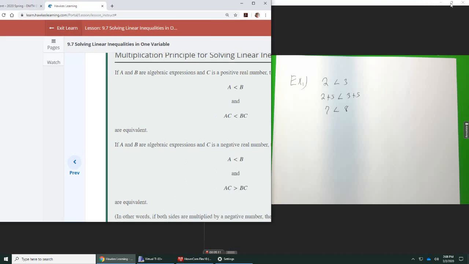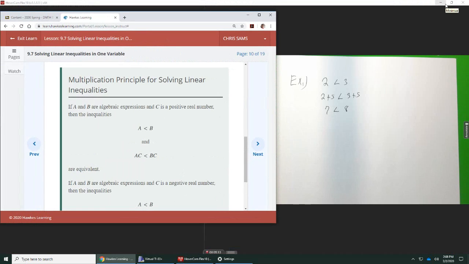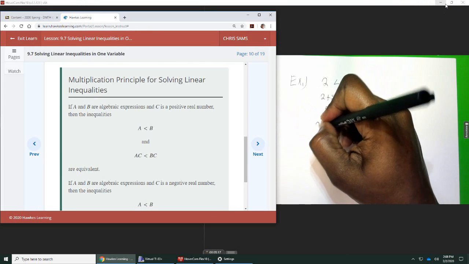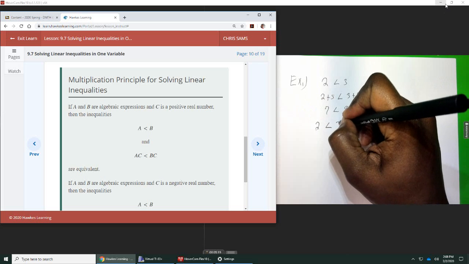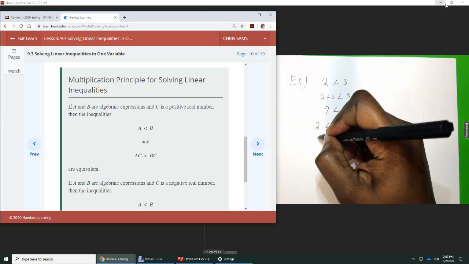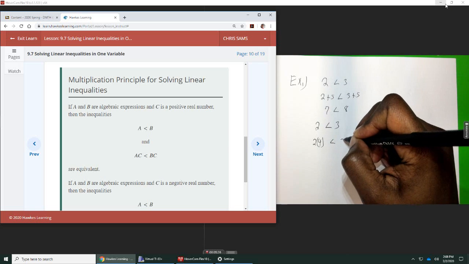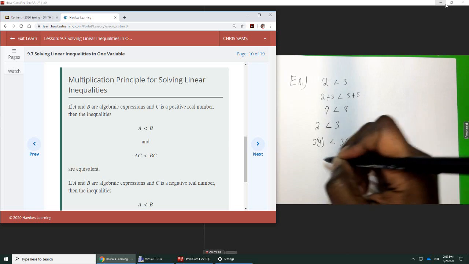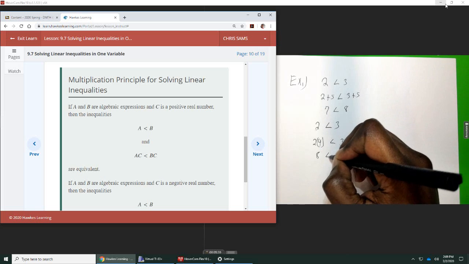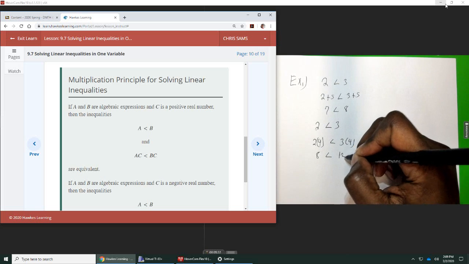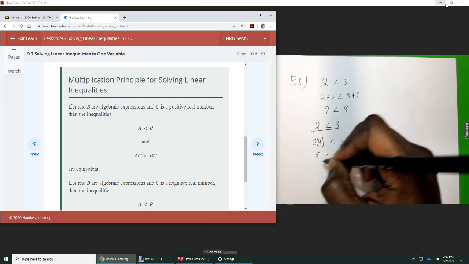When you multiply by negative, it gets reversed to the other direction. So just to kind of see what this is doing by hand, I'll give you another example. I'll still use 2 and 3. 2 is less than 3. So this is what we're starting with. If I multiply both sides by 4, then I will still have that 8 is less than 12. This is still true from what we started with.